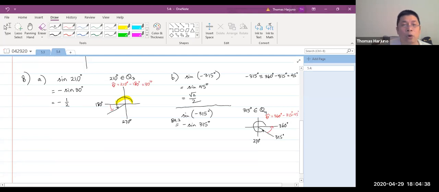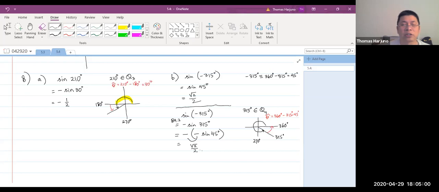So in quadrant 4, sine is negative of the reference angle 45 degrees. The negative cancels the negative here. Sine 45 degrees is radical 2 over 2. That's just another way to do that.